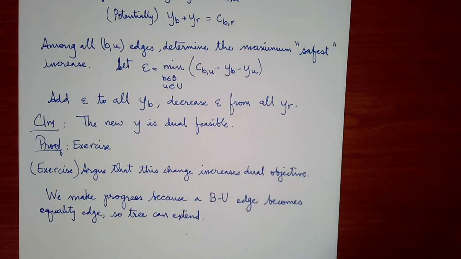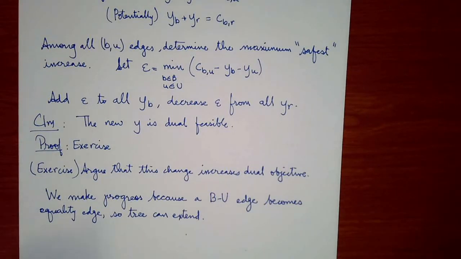If it's an augmentation, it goes ahead and augments, and then the matching size increases. Otherwise the tree just keeps growing, and at some point the tree gets stuck. You make a dual change, then the tree will make progress, and so on and so forth. And again, the absolute magic of complementary slackness is that when this finally ends with a perfect matching, you have the optimal minimum weight perfect matching without ever having to explicitly worry about the objective.